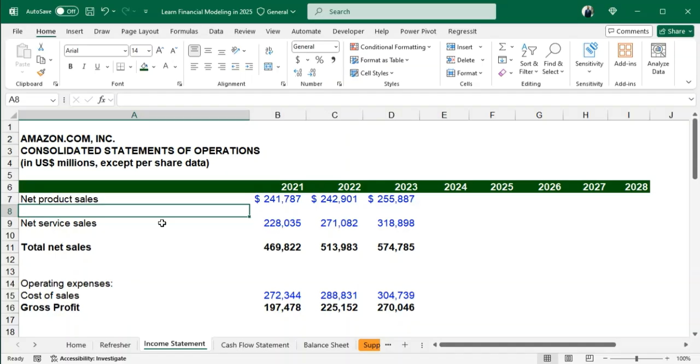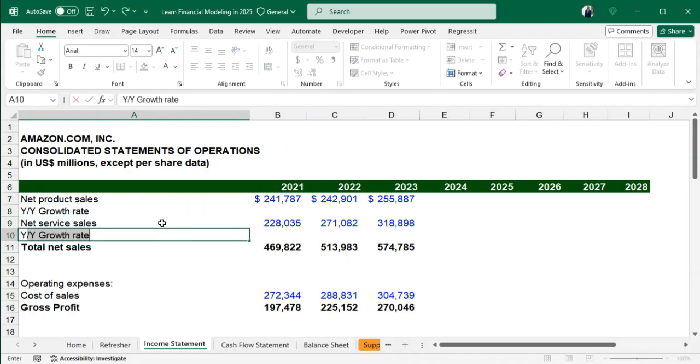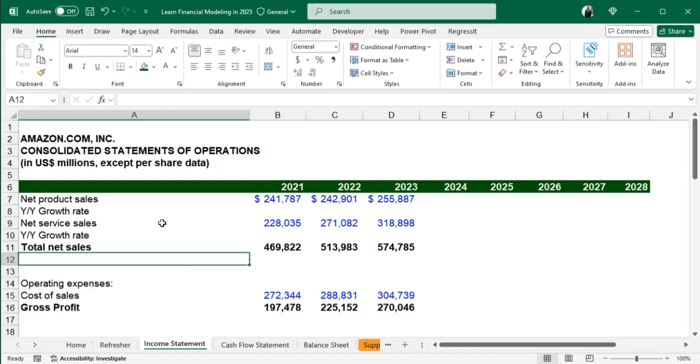So for net sales, I'm going to have year over year, y/y growth rate. I'm going to do the same for this, y/y growth rate. Then I'll also have y/y net sales. Now remember, sales is also called revenue, so don't be confused. Whenever you hear about sales, we are also talking about revenue, so they are used interchangeably.